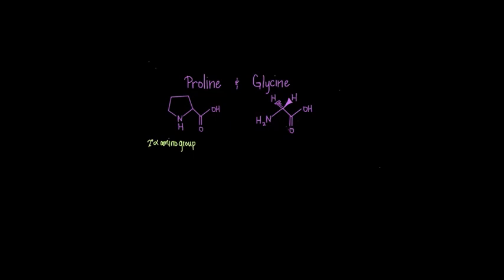Now let's come over here and take a look at glycine. Here we have the backbone of the glycine molecule, and then here we have the side chain. And the side chain for glycine is the simplest of all side chains. It is just one hydrogen atom. And I've drawn it out in wedge and dash form here to help emphasize how, because the side chain of glycine is a hydrogen atom, you have a duplication of atoms coming off of this carbon here, the alpha carbon.